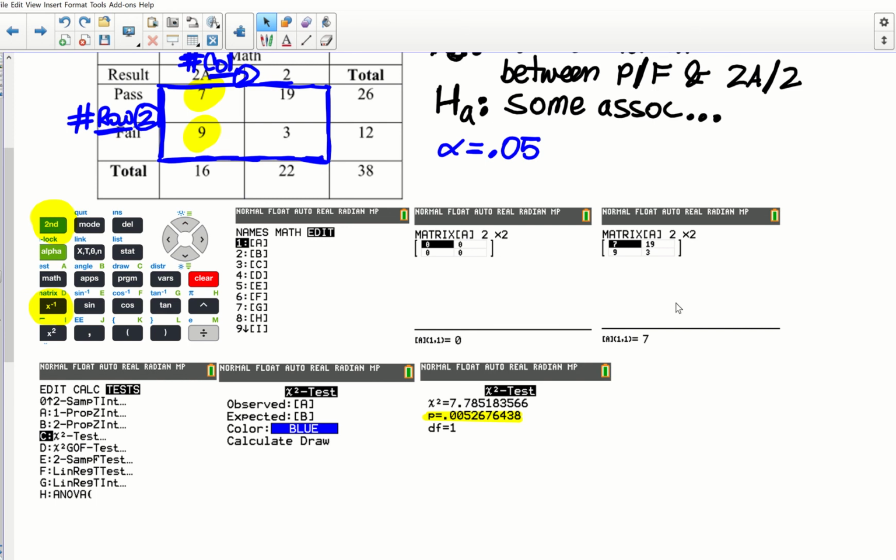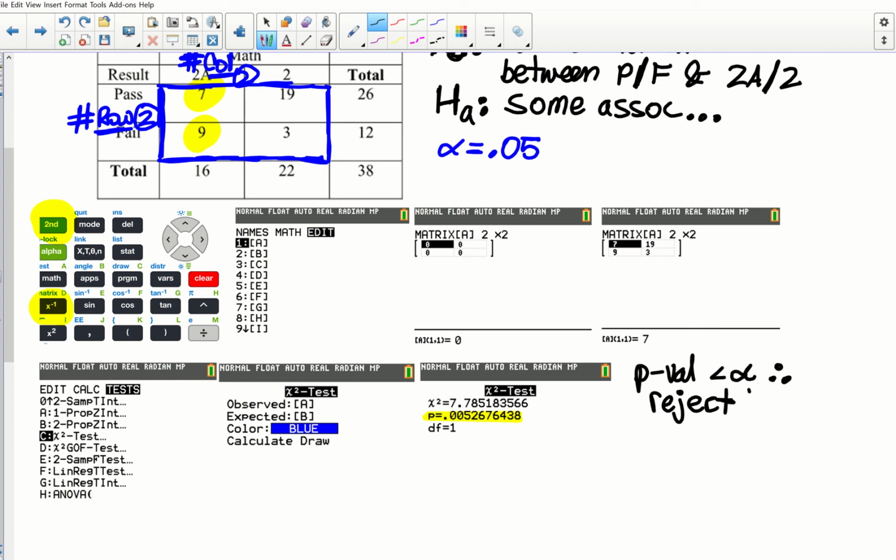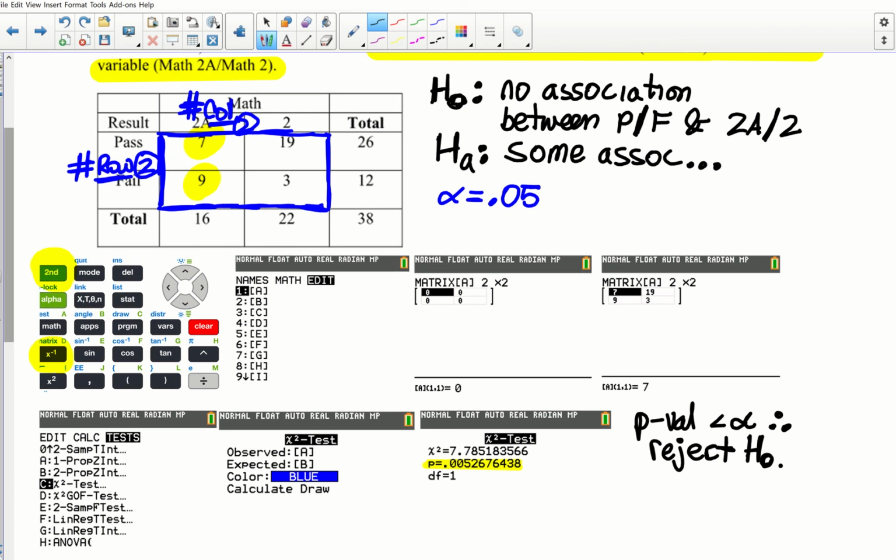So this p-value is less than the alpha value, so we're going to reject the null hypothesis. All right, so the null hypothesis is no good.